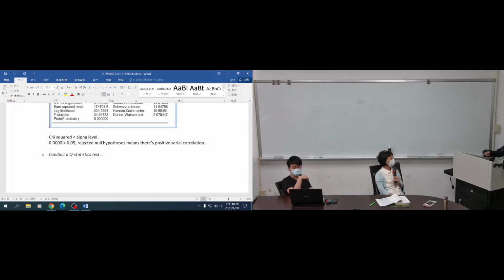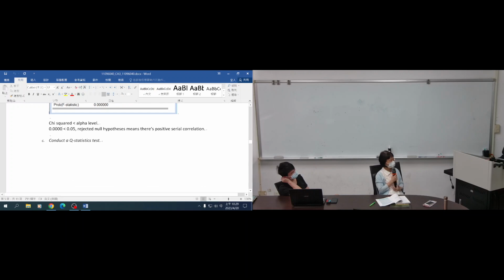That's the difference between Durbin-Watson and the LM test: one is one-sided, this is two-sided. Very good.